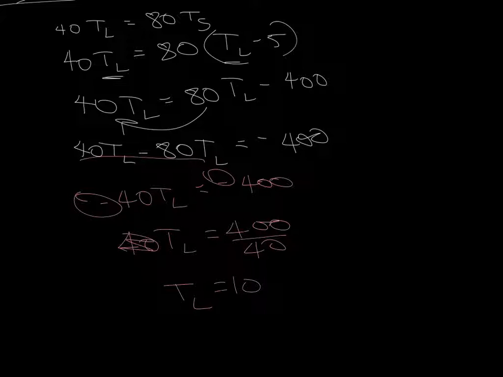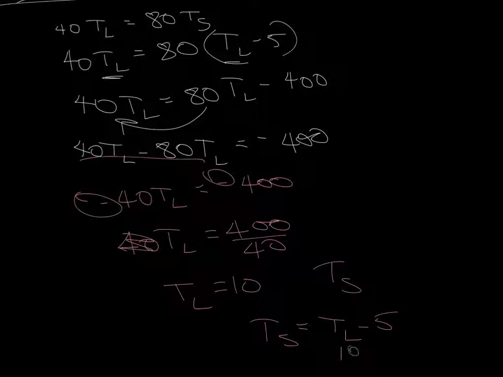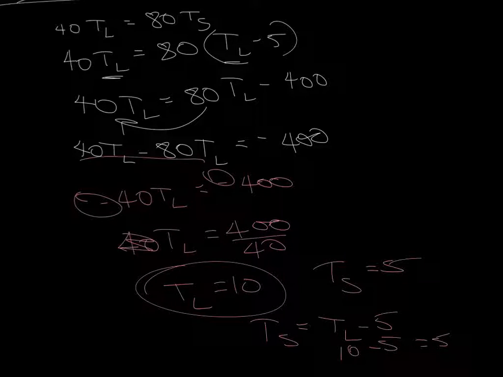Alright, so sure, TL equals 10, but what else did they ask us to find? They also asked us to find, let's see, TS. And what did they say about TS? TS equals TL minus 5, or 10 minus 5, which equals 5. So TS equals 5. So we just plugged this into what they gave us and got that.